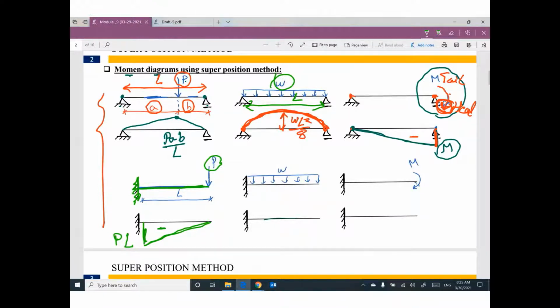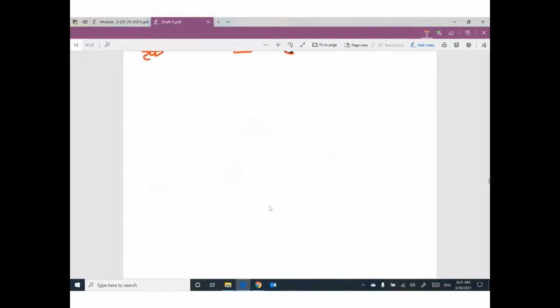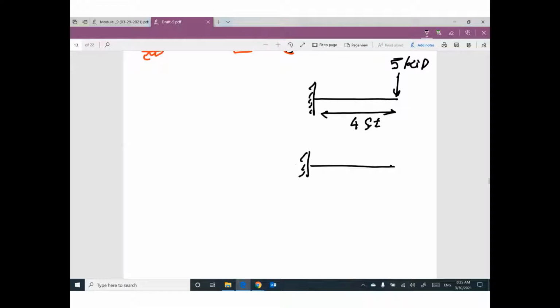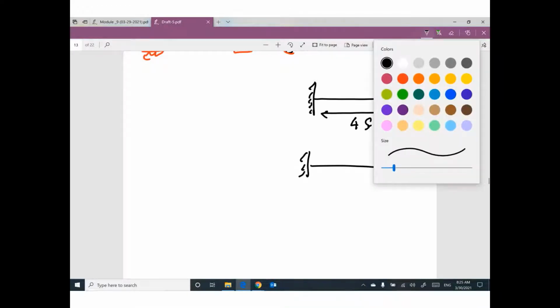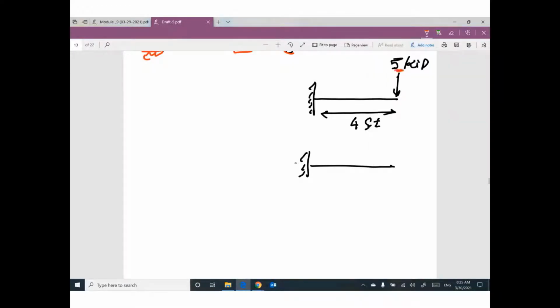For example, if you have a cantilever fixed here and this load equals 5 kip and this distance equals 4 feet, your bending moment diagram will be, just to keep you updated, this load times this distance would like to rotate like this.